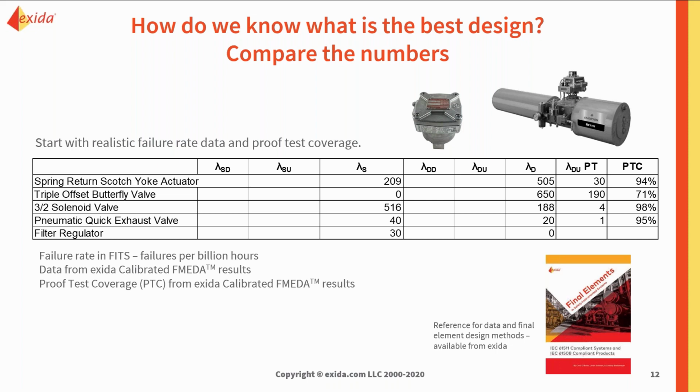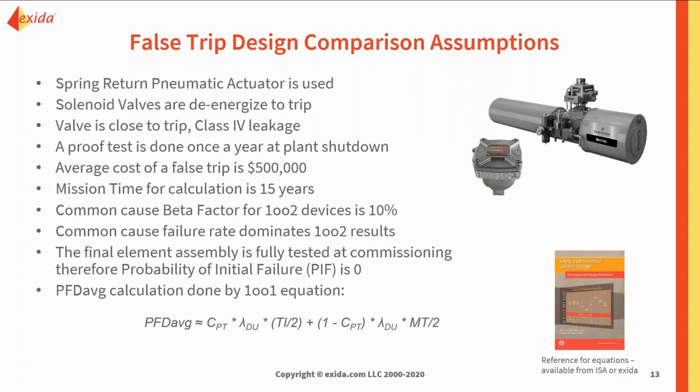As many of you may already know, when we're talking about safety, we usually get into talking about the probability of failure on demand. This is usually known for low demand devices as PFD average.